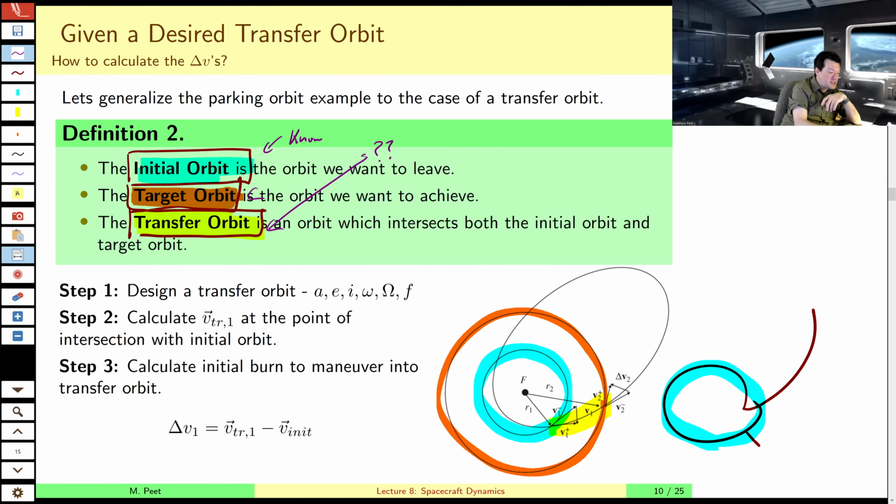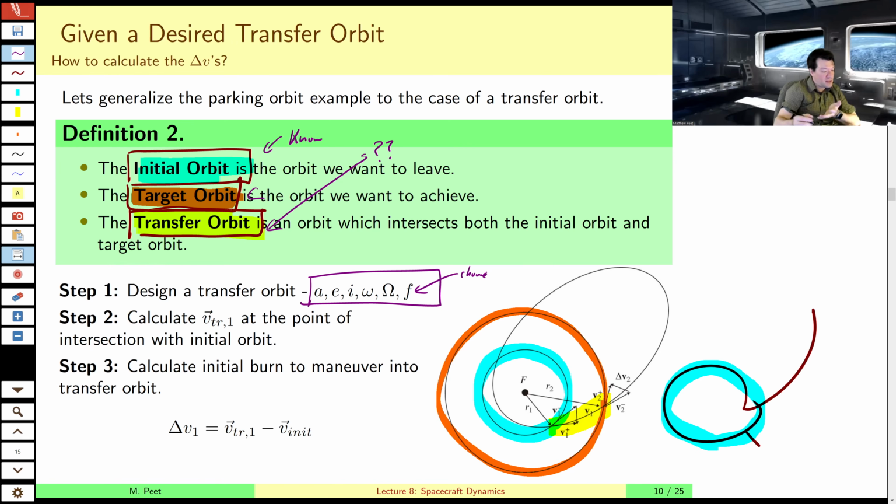So let's consider the problem. Suppose we have all these three things. We've got our orbital elements for our transfer orbit, and here I've included time, although again you have some flexibility on time, so we can choose this one.